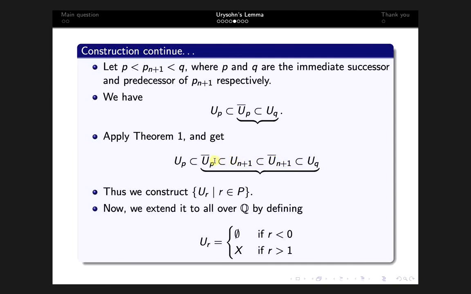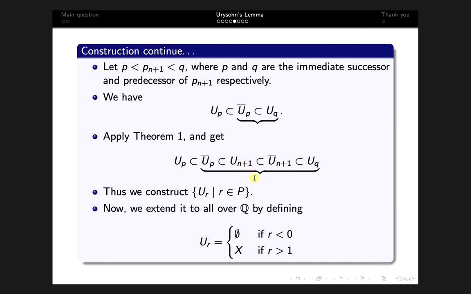And this is an open neighborhood of U_P closure. So we have these inclusions. So by applying the characterization theorem, that is theorem 1, we get U_(n+1).